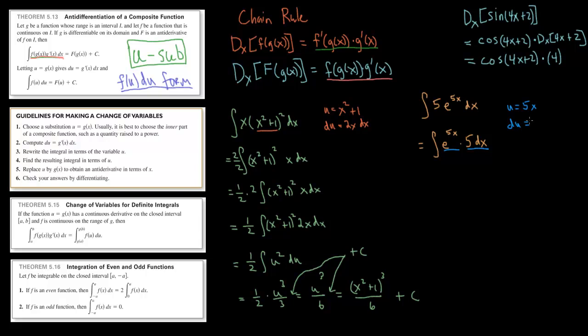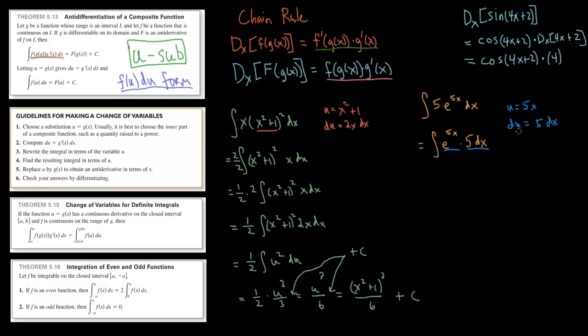The derivative of u with respect to x is 5. Imagine, this is what we're doing here. We're taking the derivative of both sides of this equation with respect to x. So you get a 5 over there. But if we just want du, then we can say du equals 5 dx.